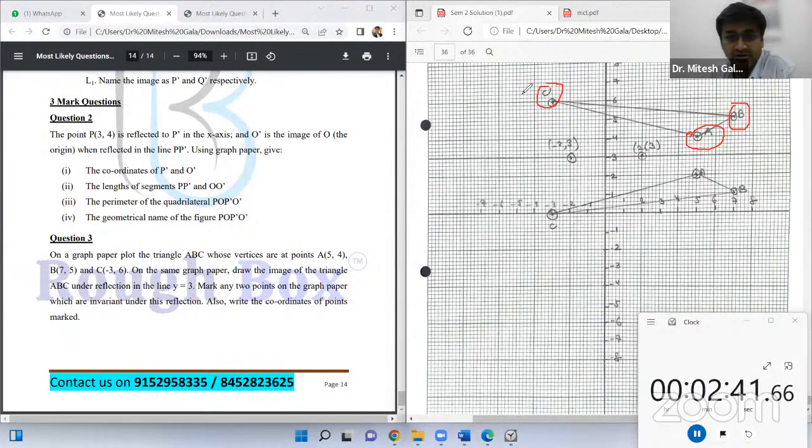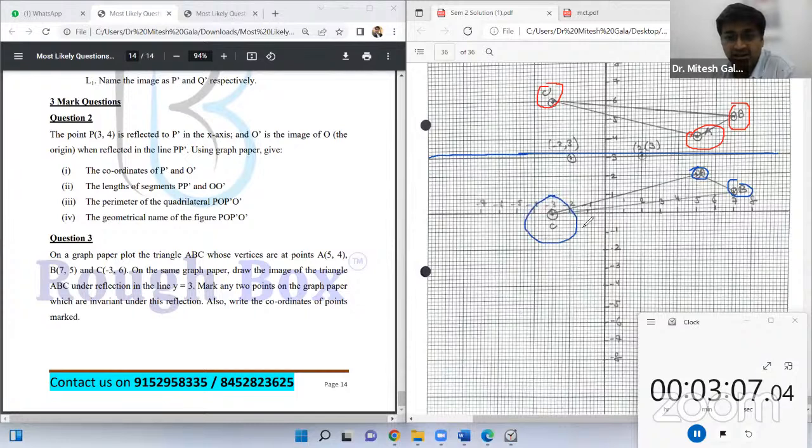Okay. Now further, what are they telling us to do? On the same graph, draw the image of the triangle ABC under reflection in the line y equals 3. So this is the line y equals 3. If this is one part away, it will come one part down. So this becomes your A dash. If this is 2 parts on top, it will come 2 parts down. Whatever parts up, the same parts down.